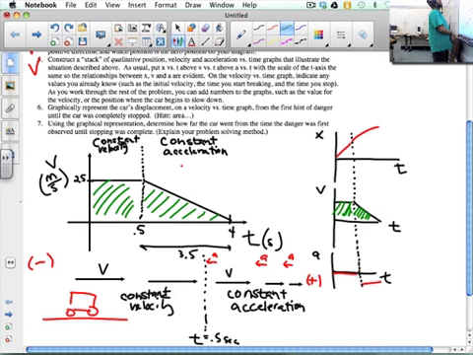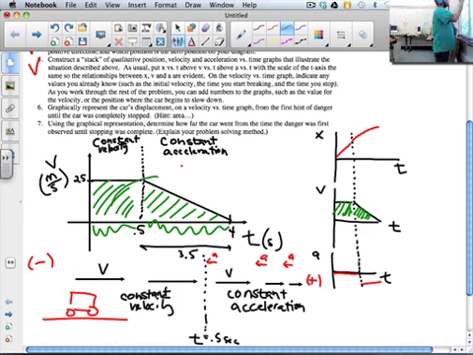Okay? So let's work that out. Let's figure out how far the car went during the time the person was reacting. That's this area here. And then the time when the car was actually slowing down. So let's find that total area.